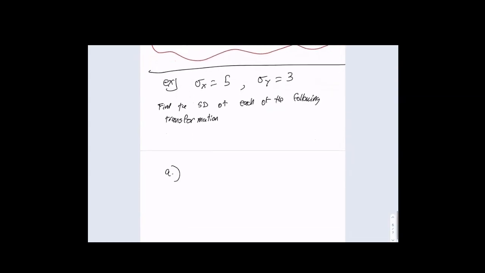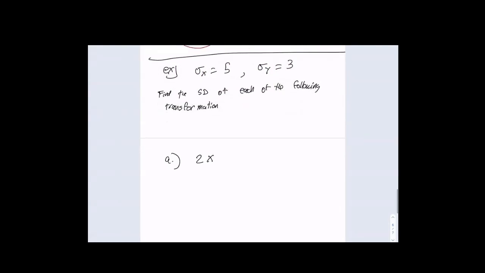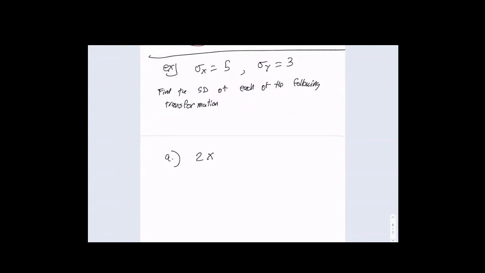And so my first one will be 2x. So that's a nice, easy one. What is the standard deviation of 2x? Now, we're not adding, so there's no Pythagorean. It's only when you add that you get Pythagorean. So there's no adding on this one. So that means that this is equal to what? Multiplying works like multiplying.